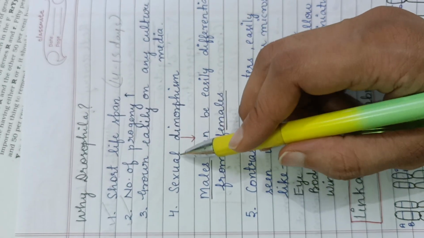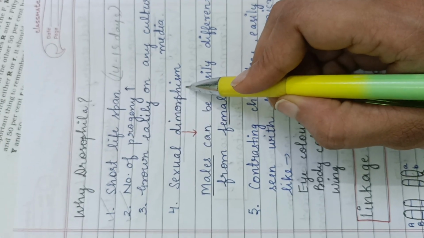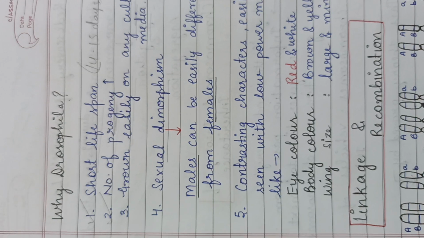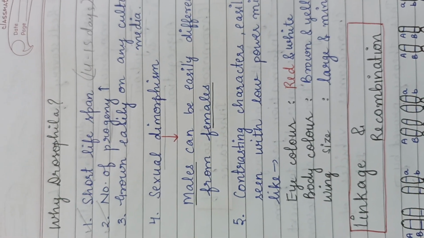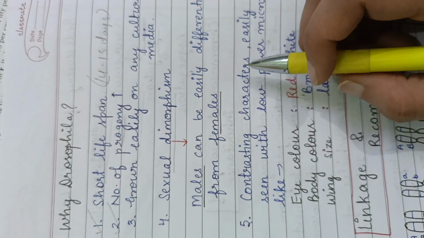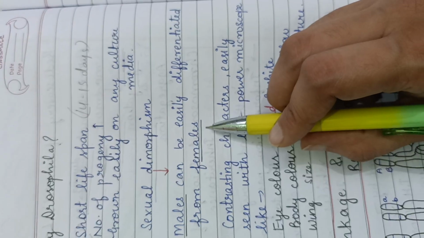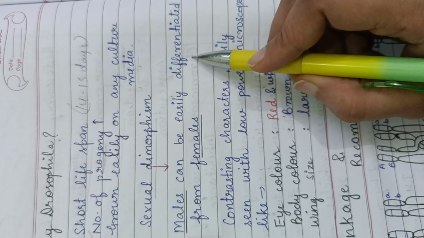And fourth is sexual dimorphism. Do you know the word sexual dimorphism? Sexual dimorphism refers to the differences in appearance, anatomy, and behavior between male and female fruit flies. So we can easily distinguish between male and female.